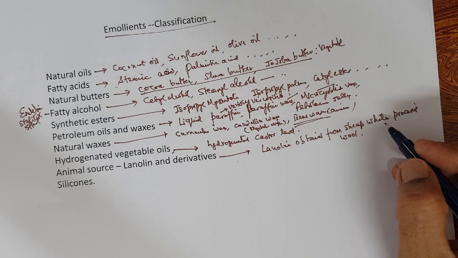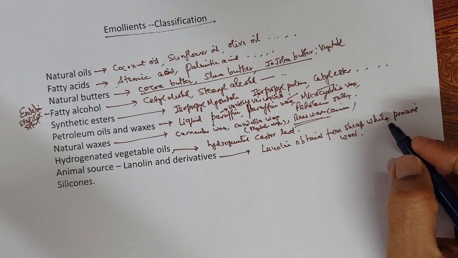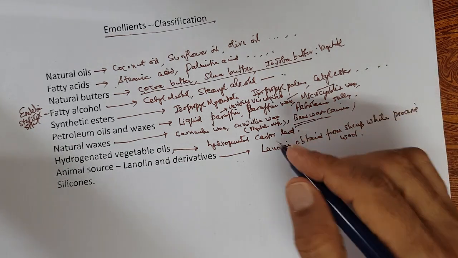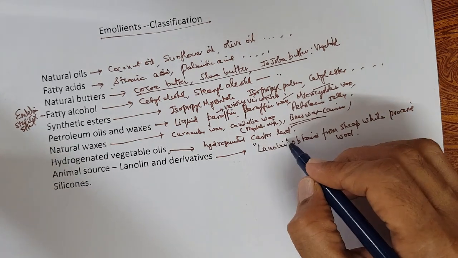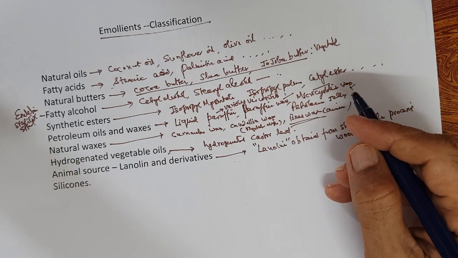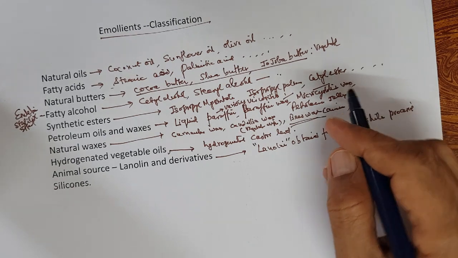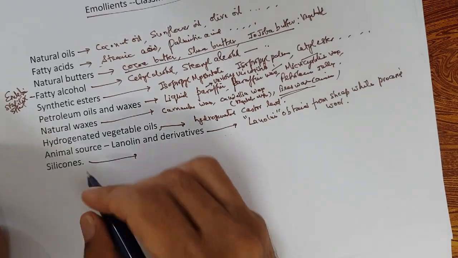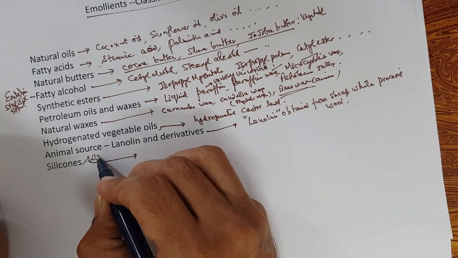Lanolin is the natural fat secreted on the sheep skin for protection, right? This sheep with wool lives in very, very cold weather in Europe and these countries. So lanolin is a very good emollient, very good moisturizer. Silicones and silicone polymers, okay?